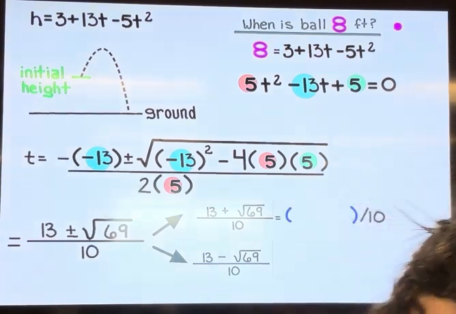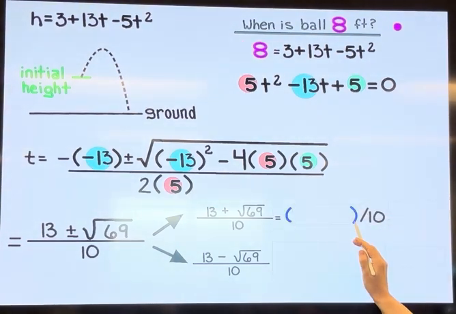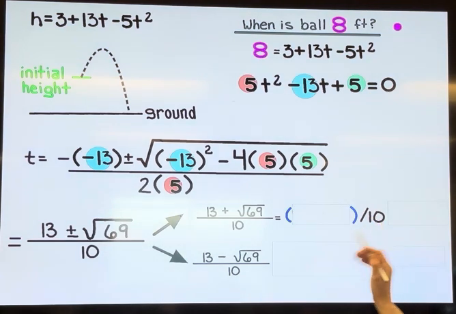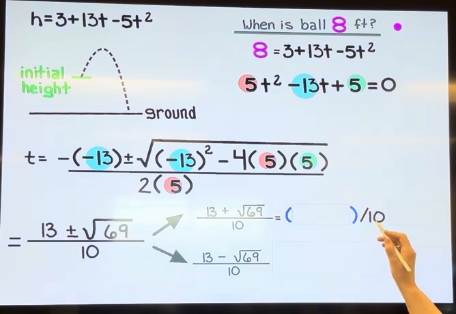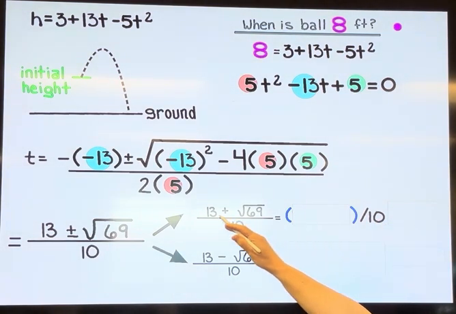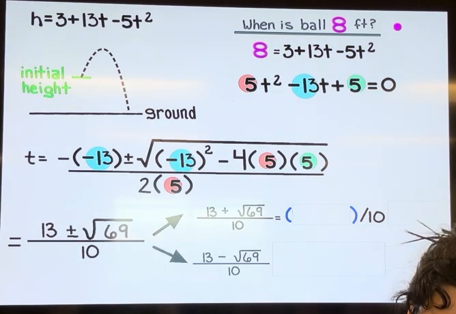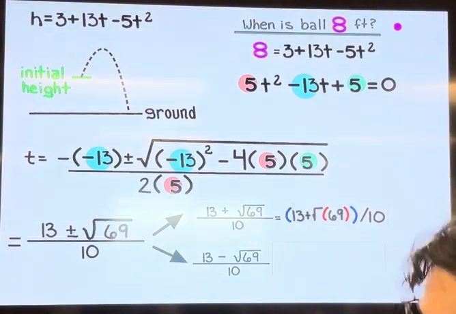So notice I put a set of parentheses, divided by 10. If I would have left it 2 times 5, then I would want to put those in parentheses.